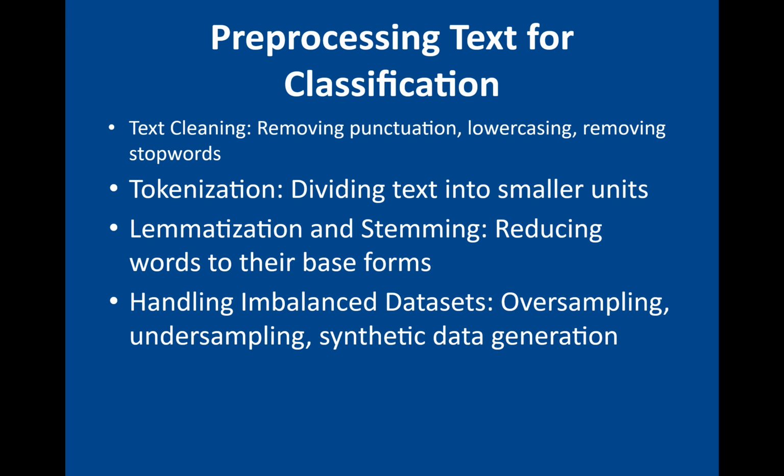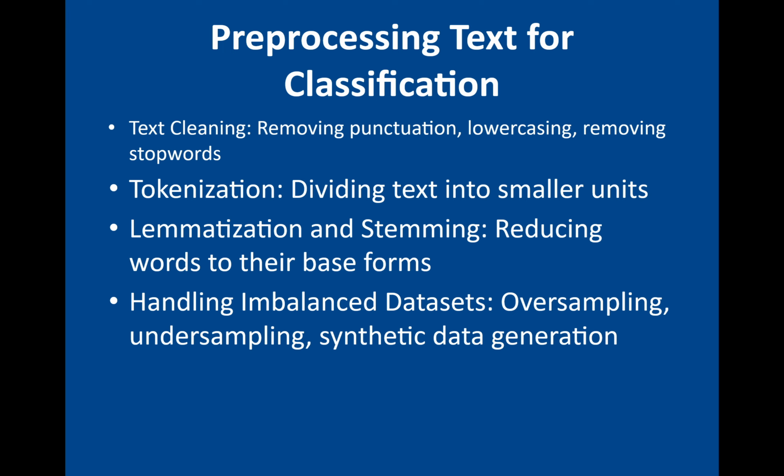And if we talk about pre-processing text for classification, we start with text cleaning, which removes punctuation and eliminates unnecessary characters that do not contribute to the meaning, and lowercasing, which ensures uniformity by converting all text into lowercase. Then there is removing stop words, which filters out common words, for example, 'and', that do not have much value.